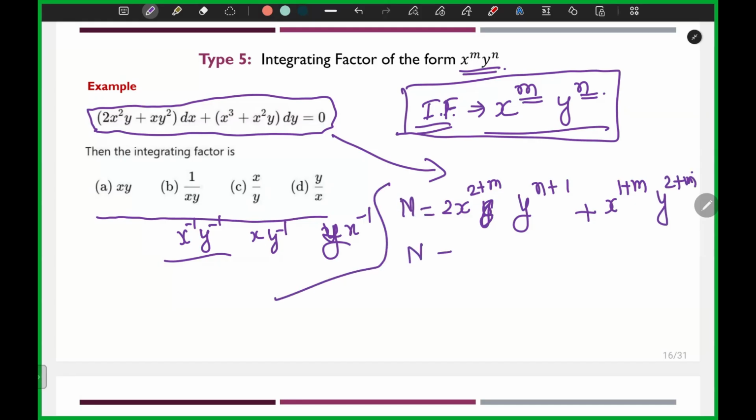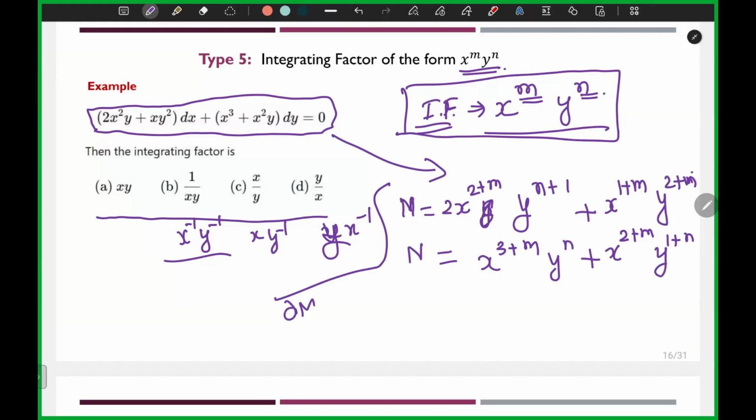And what will be N? x to the power 3 plus m, y to the power n, and x to the power 2 plus m, y to the power 1 plus n, right?